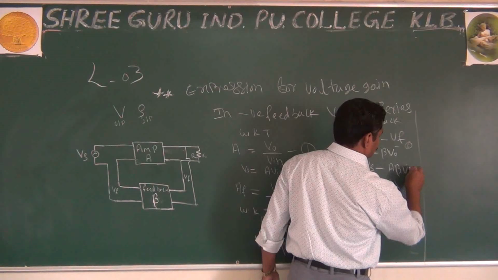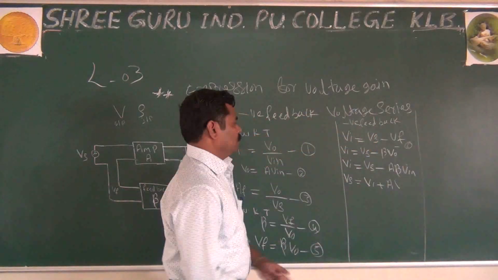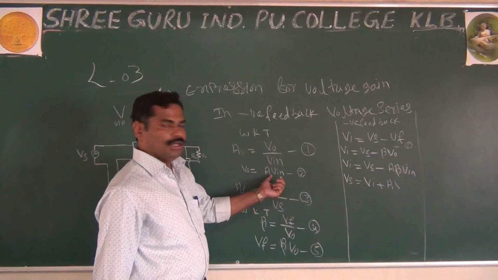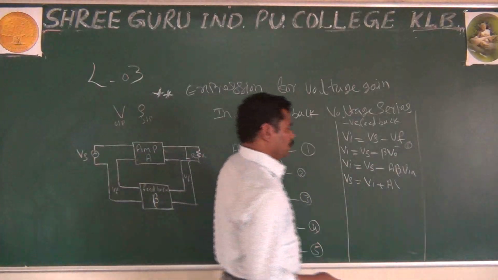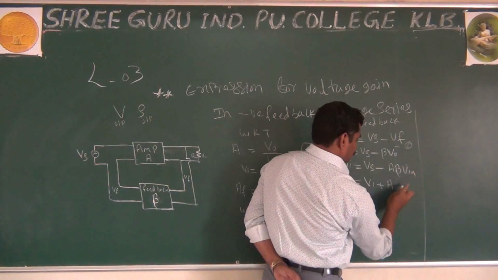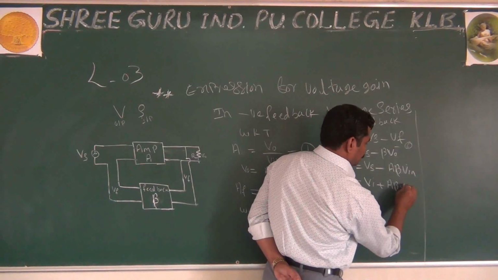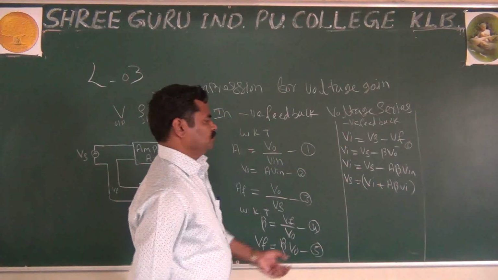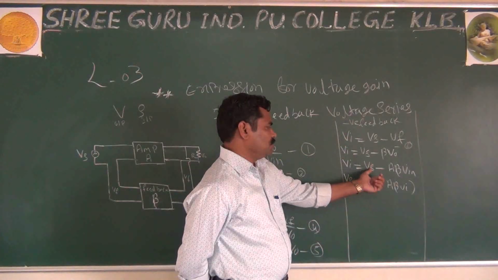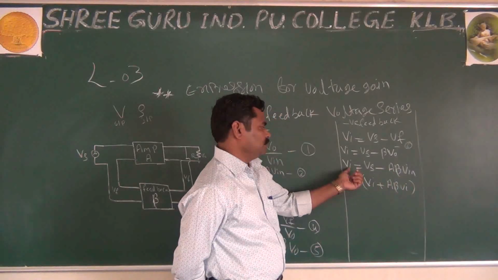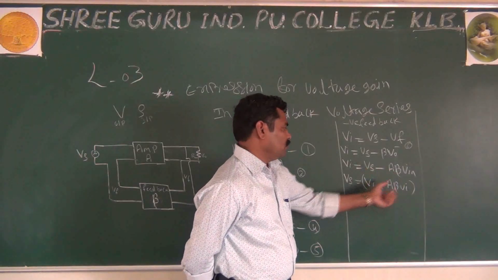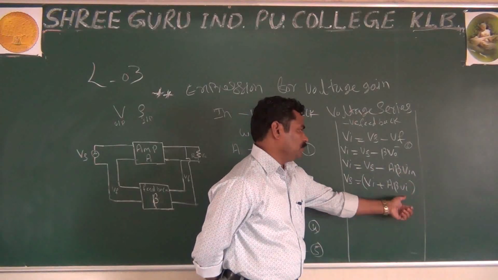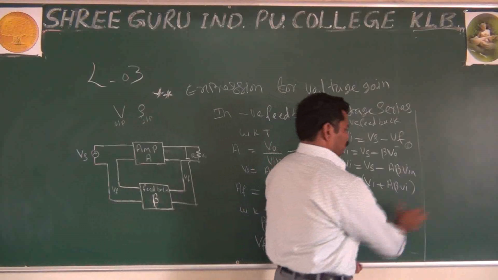Sorry, beta is there, I have not written it earlier. Beta into Vi, sorry. Only beta as it is, and you have done V0 equal to A into Vi. That becomes A beta into Vi. Vs as it is, and this term you have taken to this side. That becomes Vi plus A beta into Vi.